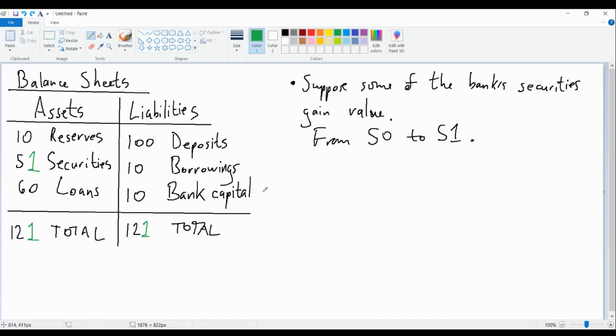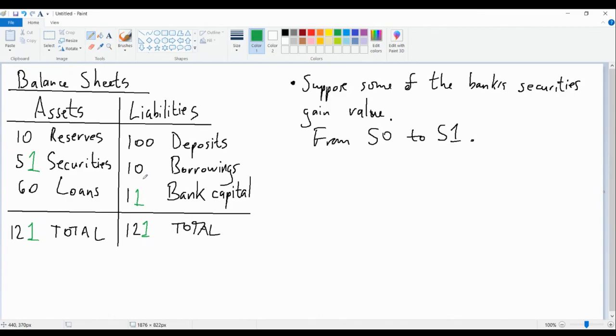In what sense? Did the owners come and give it some more money? No, that's not what happened. What happened was that, again, if you take all the assets, that's 121, and subtract all the stuff that you owe other people, that's 110, you end up with 11 left over.